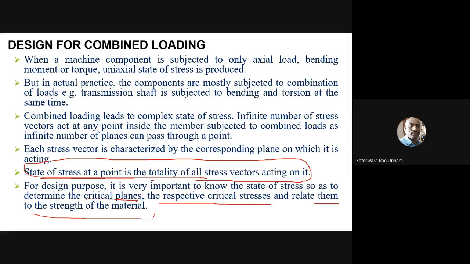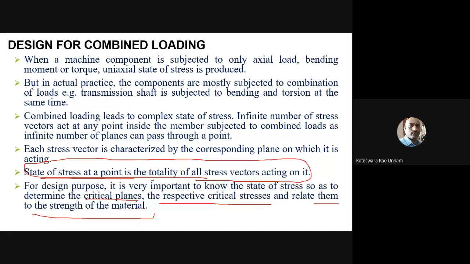That critical stress is always going to be the maximum stress, whether it is a bending stress, normal stress, direct stress, tensile stress or shear stress, whatever it may be. We need to find the critical stress, which is the stress having the largest magnitude, and relate it to the strength of the material. Then we'll get the design equation. From the design equation we can calculate the dimensions.